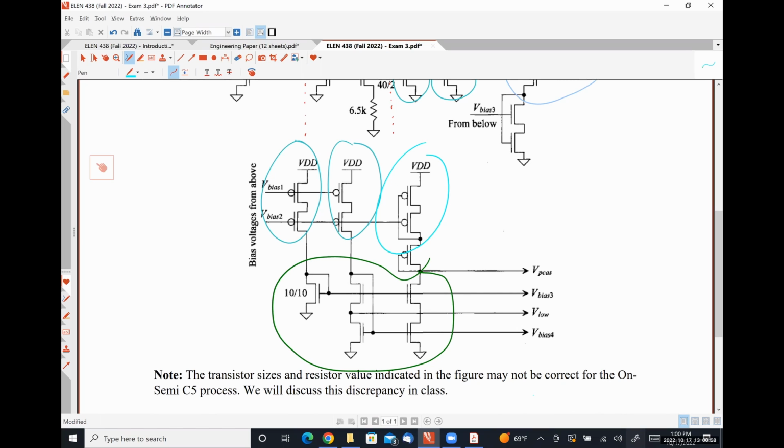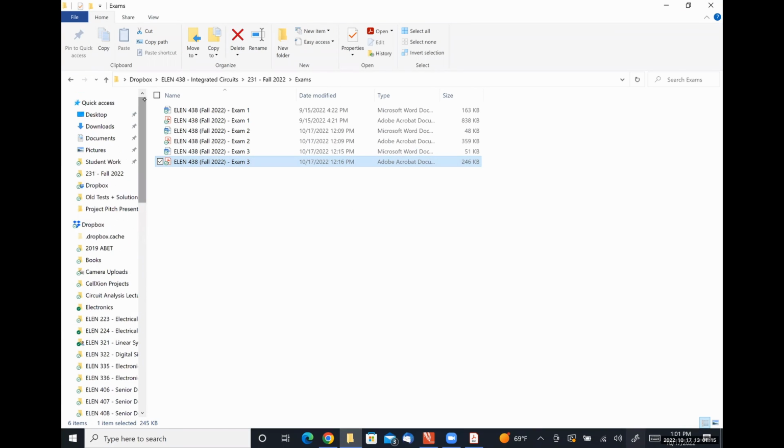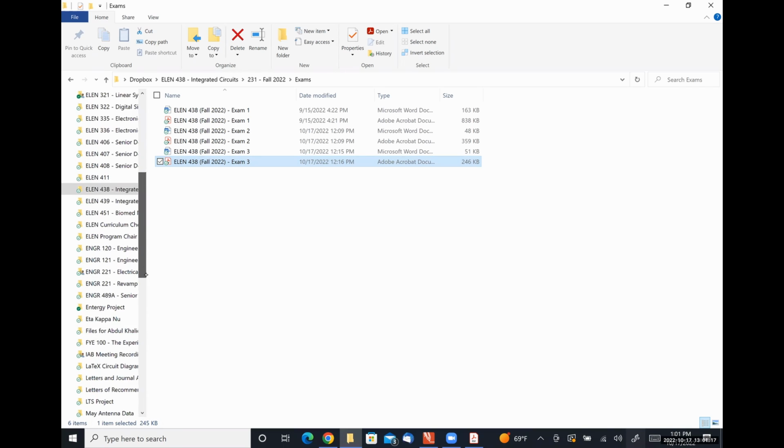They are correct for the made up process from the textbook. Okay. So what we're going to do is effectively extract what our correct parameters are going to be. So let me see if I can find this file here real quick. I think I just have it saved in my C drive.